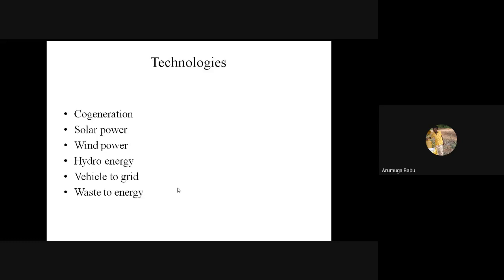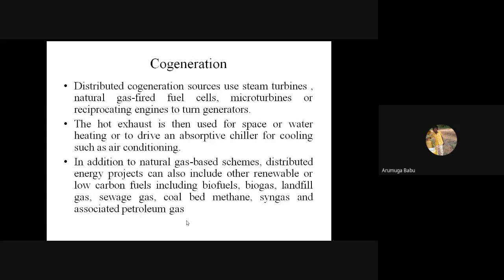So the technologies that are incorporated are cogeneration, solar power, wind power, hydro energy, vehicle to grid, and waste to energy. The first one is cogeneration. Distribution generation sources use steam turbines, natural gas fired fuel cells, micro turbines, or reciprocating engines to turn generators.